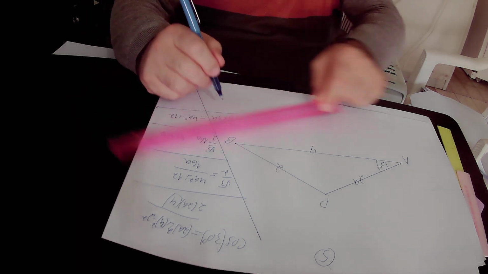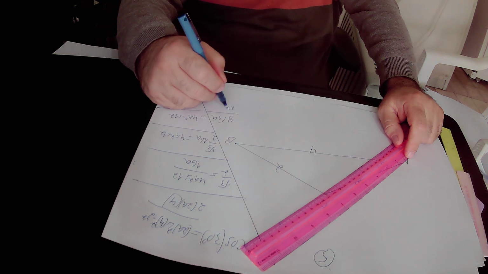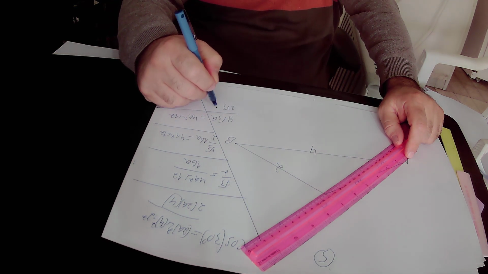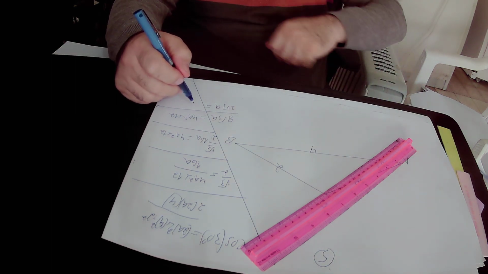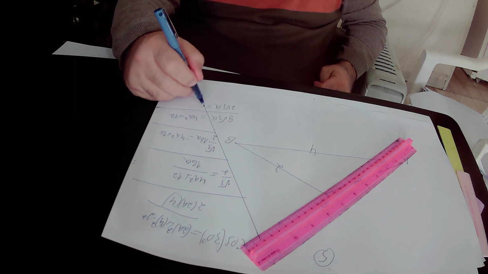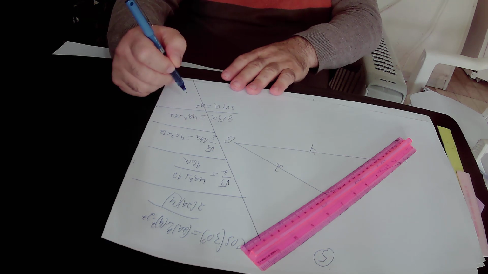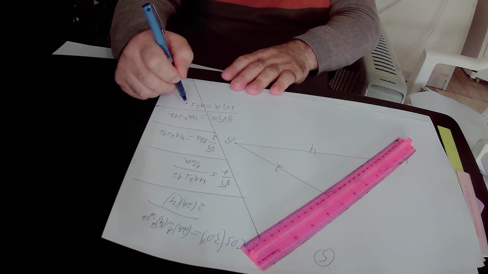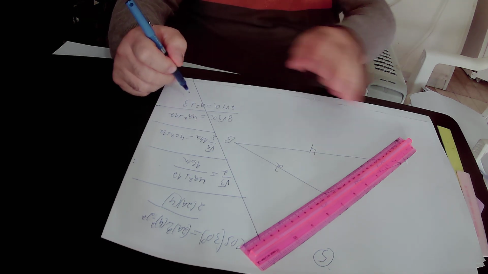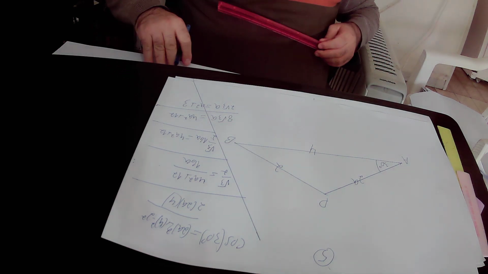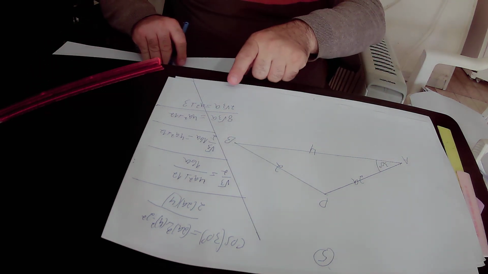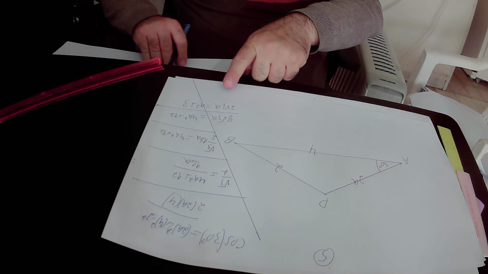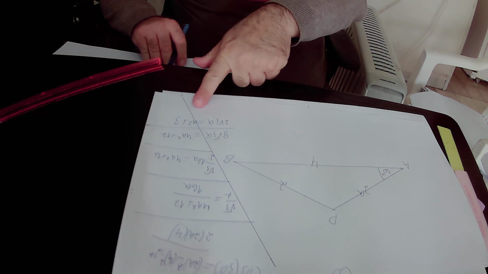So we get here 2 times square root of 3 times a equals 4 over 4 is 1. So here we will have a squared plus 12 over 4 is 3. So in conclusion, we got that 2 times square root of 3a equals a squared plus 3.